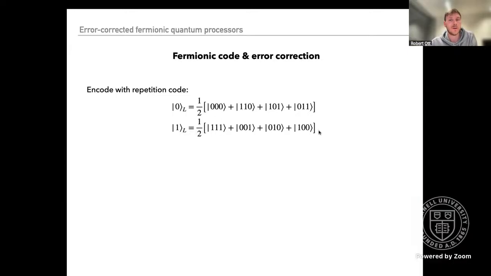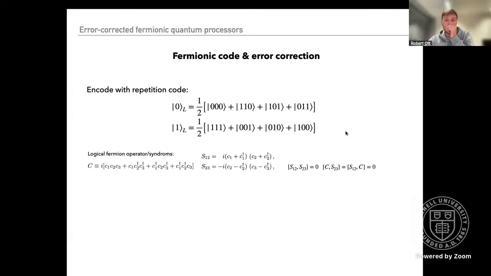And here you have all possibilities of having an odd parity state for that number of modes. And again, I can show you these stabilizers over here. You can define logical operators, and you would see that this defines a suitable code space for your problem.